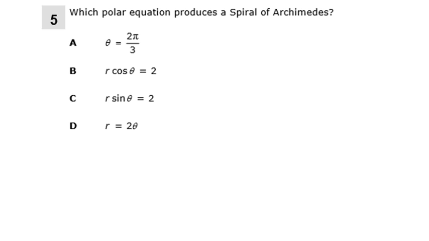Okay, last one we'll look at here is which polar equation produces a spiral of Archimedes. Well, if we want to graph polar, we can only graph D right now. We can graph that as is. To graph these B and C, we'd have to solve for r. So if we divide both sides by sine theta, we get r equals 2 over sine theta.